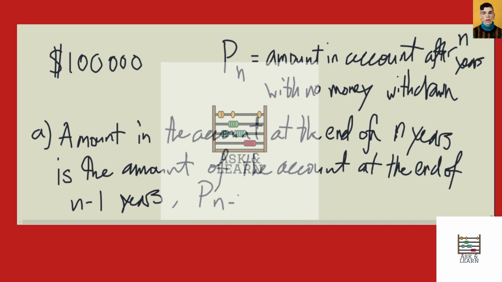And in the second case, we have that the first dividend is 20% of the amount in the account during that year.